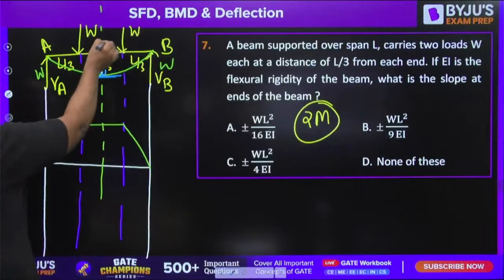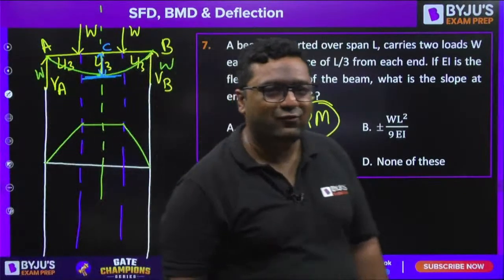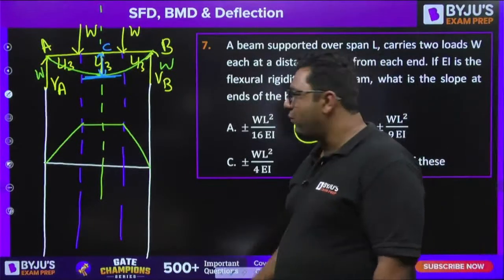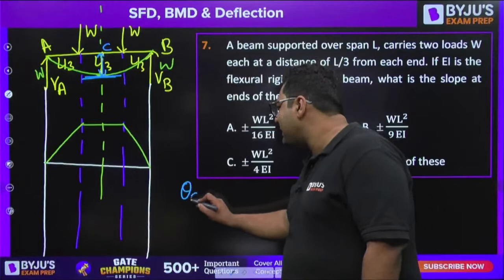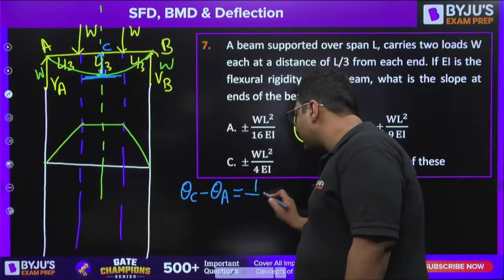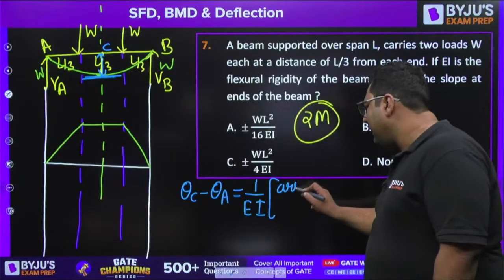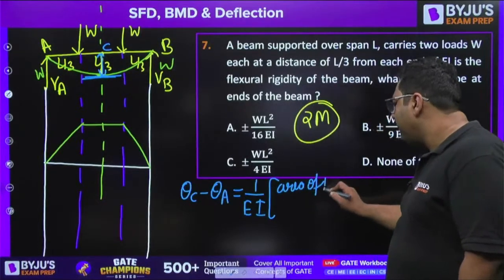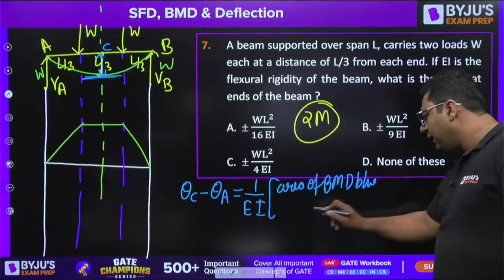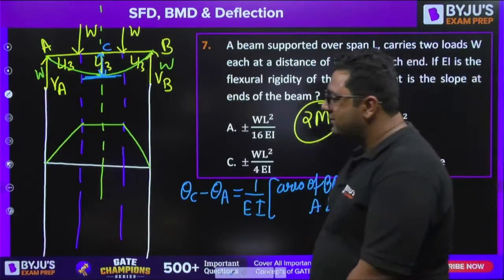So you can say this is point C. You need to write the equation from Mohr moment area theorem number 1. You will write theta at C minus theta at A is equal to 1 upon EI into the area of bending moment diagram between A and C. You just need to do that.